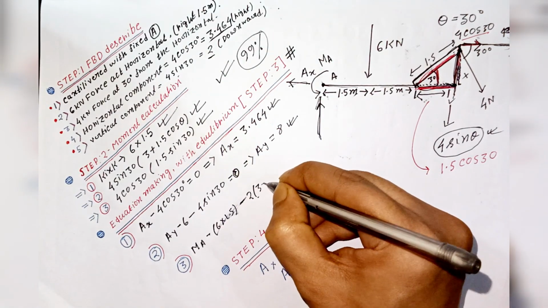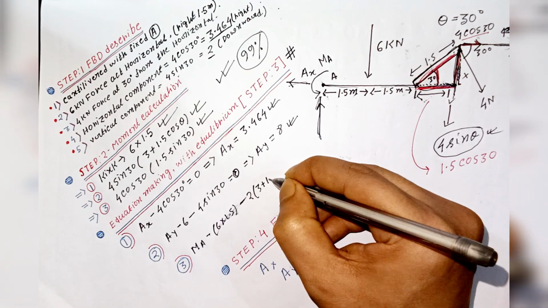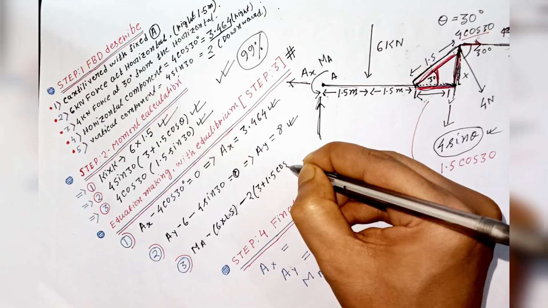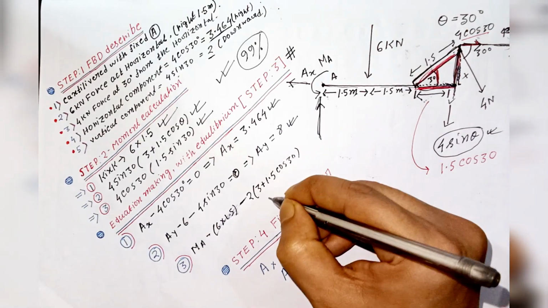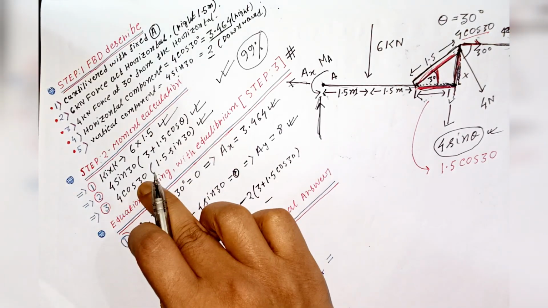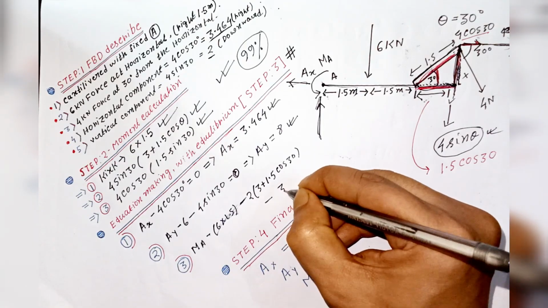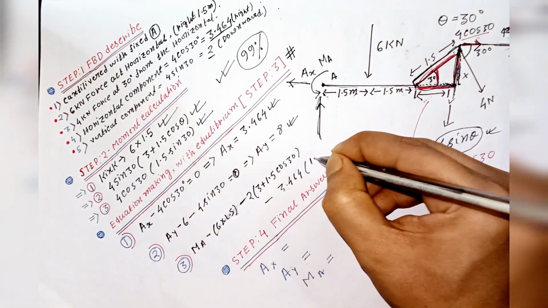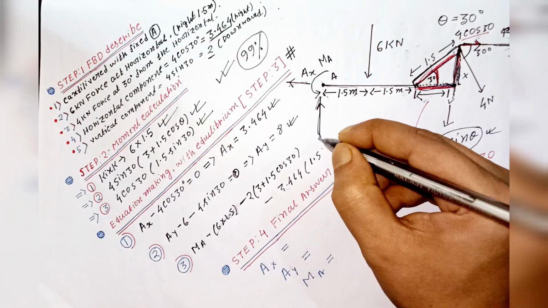Inside the bracket, 3 plus 1.5 cos 30. Here not available, very little page to write. Minus 4 cos 30, which is 3.464, into 1.5 into sin 30.